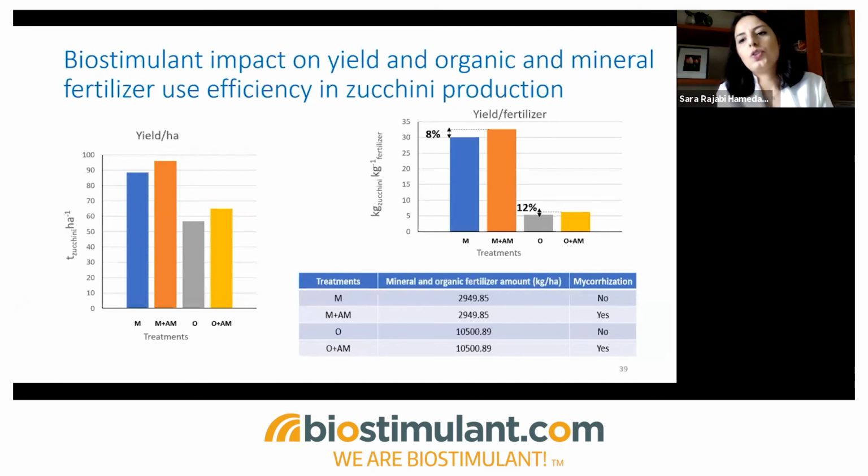Also, the result shows that mycorrhization increases nitrogen use efficiency of zucchini production in both mineral and organic fertilization treatments. But the impact of mycorrhization in case of organic fertigation is more tangible. It's 12%.